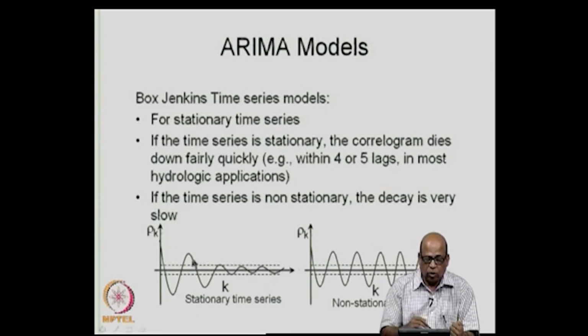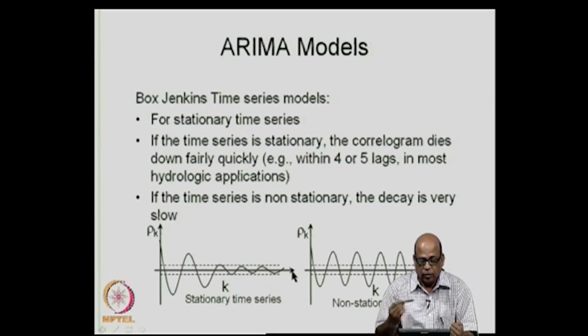By correlogram dying down, what I mean is that the correlations become insignificant with progress in lag. They become quickly insignificant, whereas if you have a non-stationary time series, the decay in the correlogram is not very fast. It may decay very slowly over a long period of time.